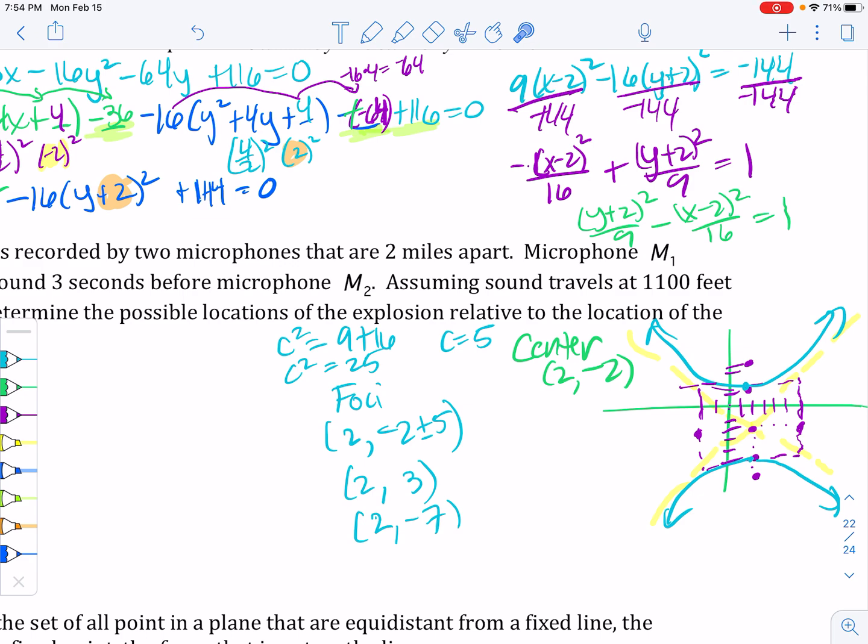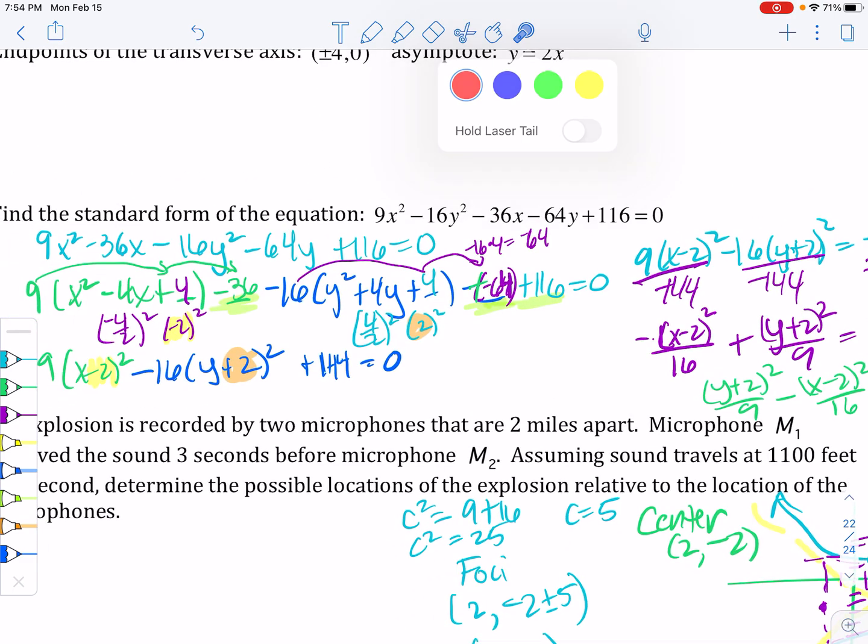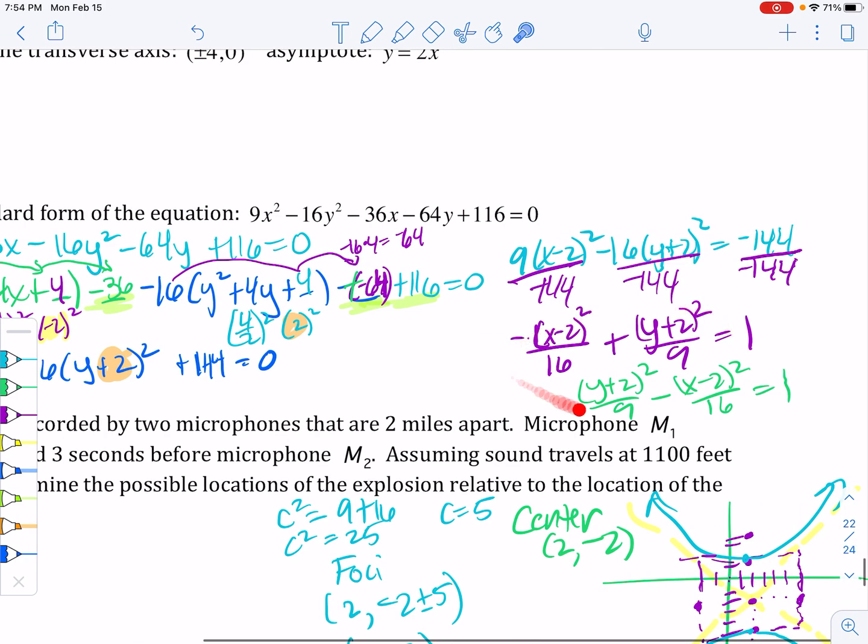So that is what gets us our picture when it's in general conic form instead of our standard form, where you can read the center off and find how much you're changing on the x's and how much you're changing on the y's. So again, make sure that you're really careful when you're grabbing your center that you put the x with the x point and the y with the y point, regardless of which order they are in.